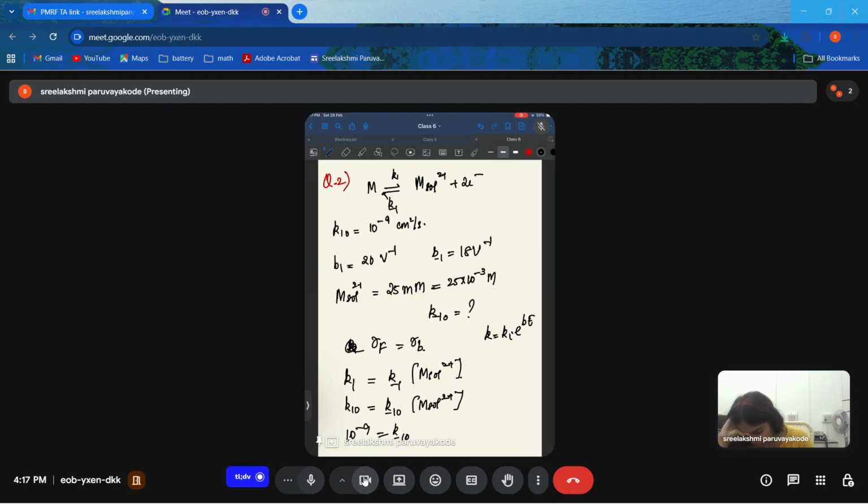And I think the conversion is given in the question itself, 10 to the power minus 3 mole per centimeter cube. So overall it is 25 into 10 to the power minus 6 mole per centimeter cube. Why am I converting? Because here K10 is given in centimeter square per second. You can either convert it to meter square per second and solve, or you can convert the molarity or the concentration to mole per centimeter cube and then solve.